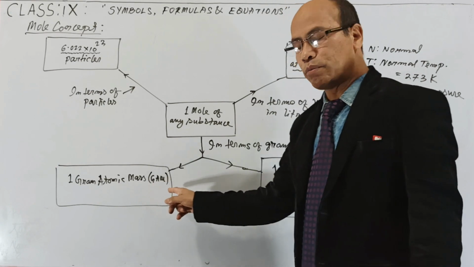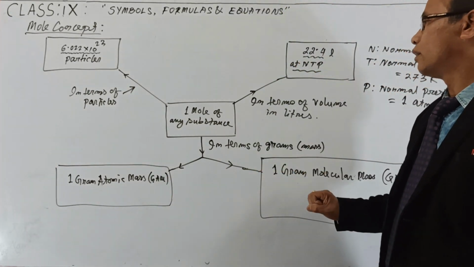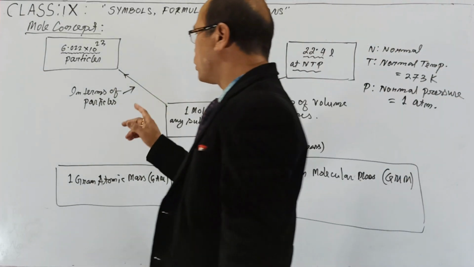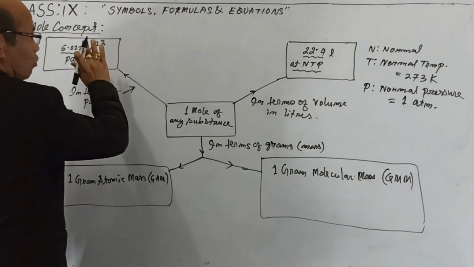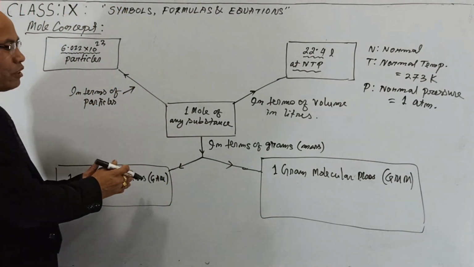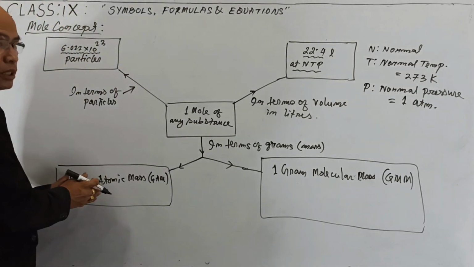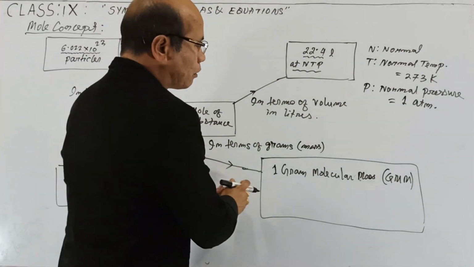It may be gram atomic mass or gram molecular mass. It depends on the nature of the substance you take. So this mole concept correlates these 4 things. We divide it into 2 sections because sometimes the substance may be in atomic state and sometimes in molecular state.